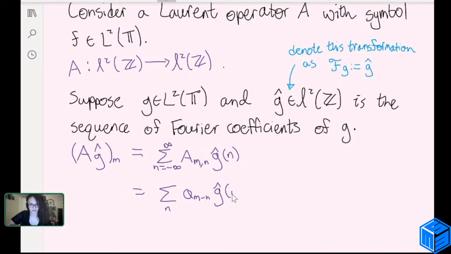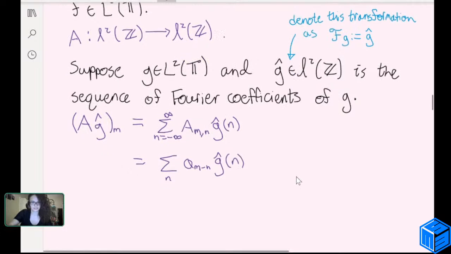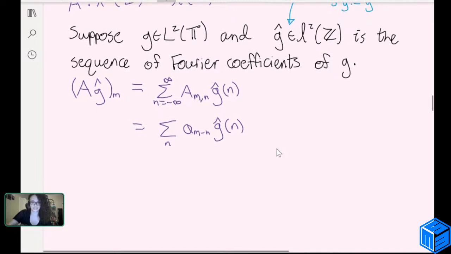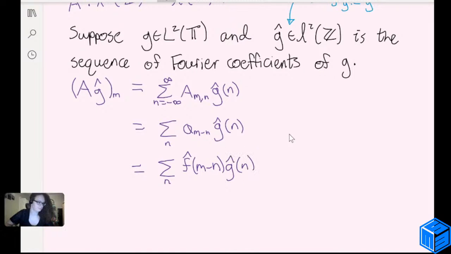And we've still got our g hat of n here, and we're summing from negative infinity to infinity, I just suppressed writing that. Remember these little a_n are the Fourier coefficients of our symbol, right? So it's f hat of m minus n, times g hat of n.